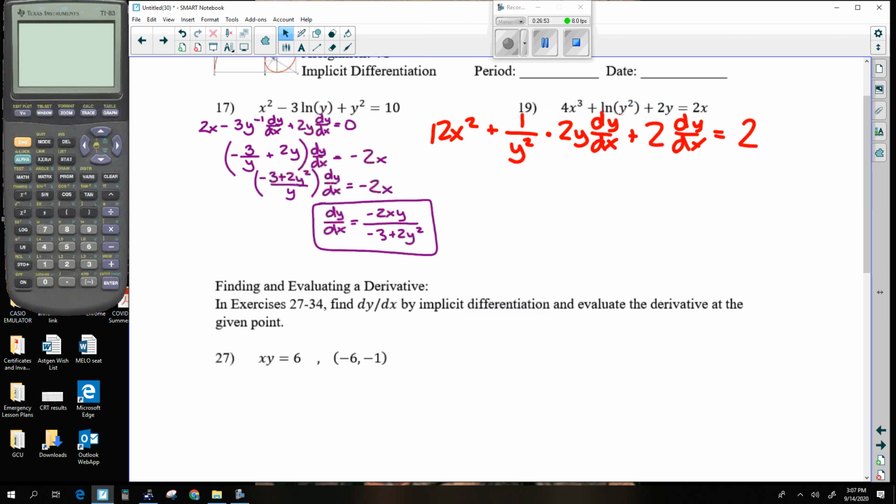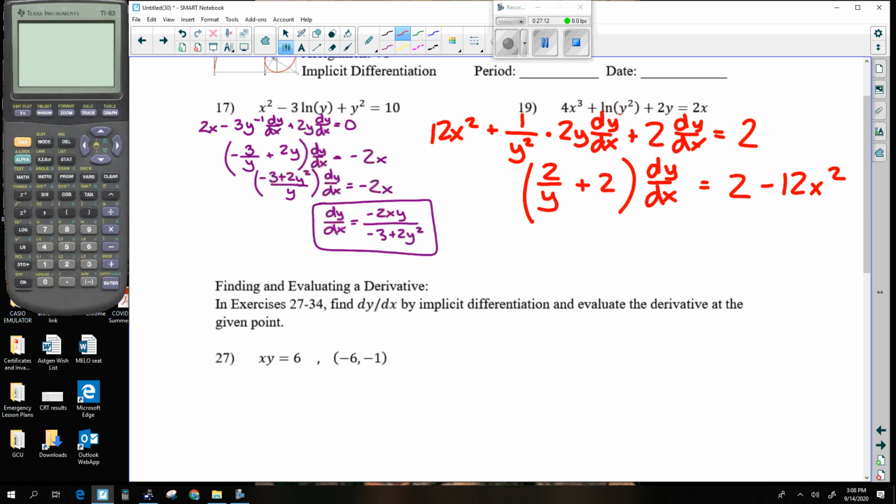So 2y over y squared is going to be 2 over y. So this is a 2 over y, and then this is a plus 2. And then this side has a 2, and then a minus 12x squared.